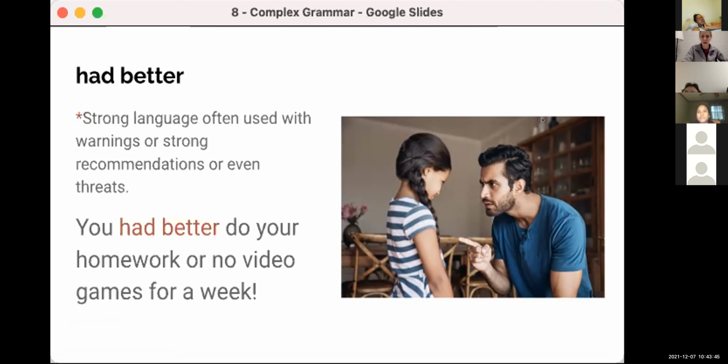In the case of the parent and the child, you can imagine the tense situation here, right? This is advice, but you have to listen to the advice. You had better listen to my advice. You had better do your homework, or no video games for a week. That's not quite a recommendation, maybe a little bit more of a threat there, right?